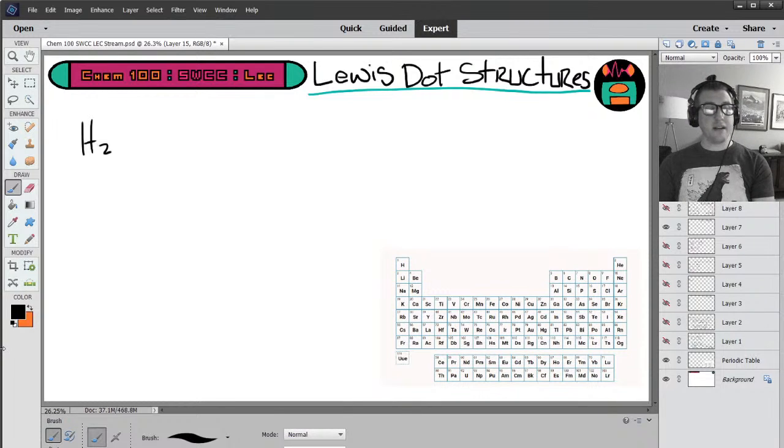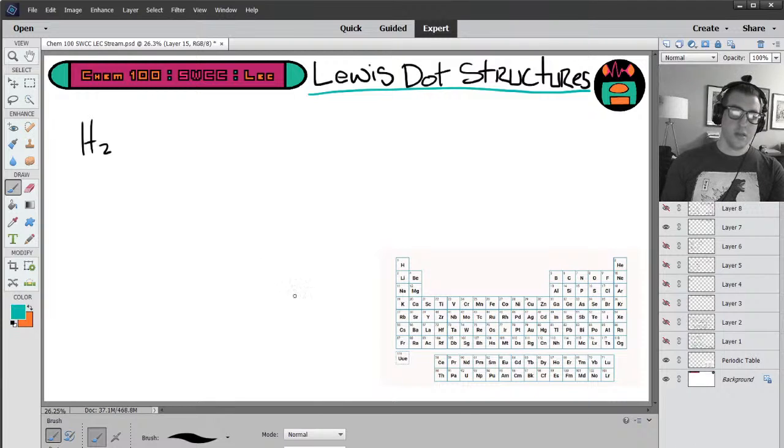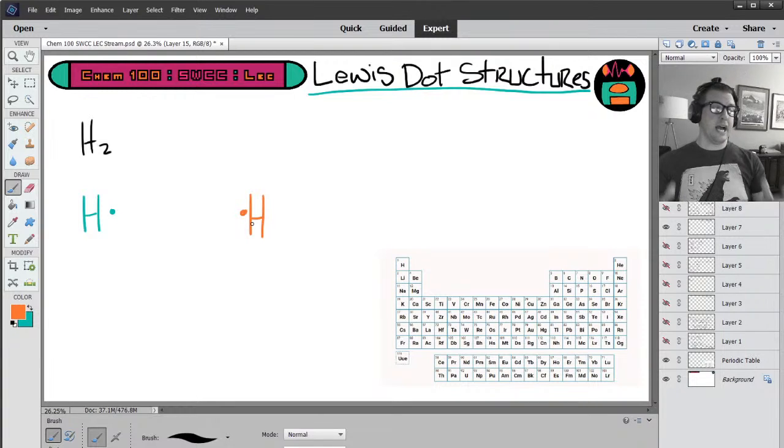All right, how does a molecule of H2 form? Well, if we look at hydrogen, hydrogen has one electron. In the molecule of H2, there are two hydrogen atoms. So that means we've got two atoms with one single electron each. Neither hydrogen is strong enough to steal the electron from the other because they both have the same desires.